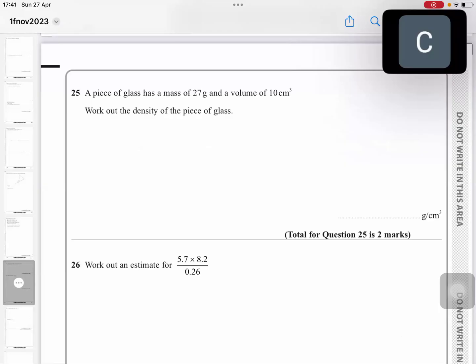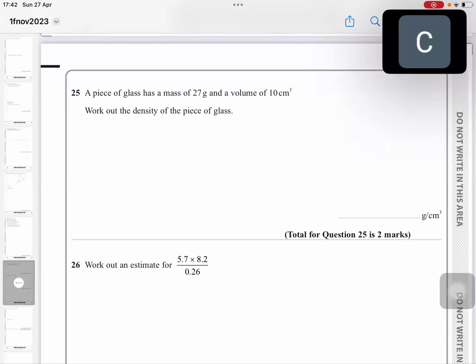This one says a piece of glass has a mass of 27 grams and a volume of 10 cubic centimeters. Work out the density of the piece of glass. I think the formula for density is mass per unit volume.